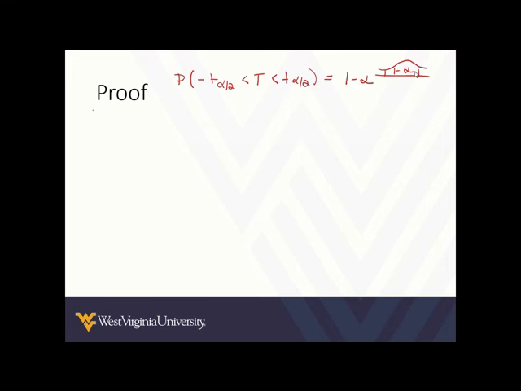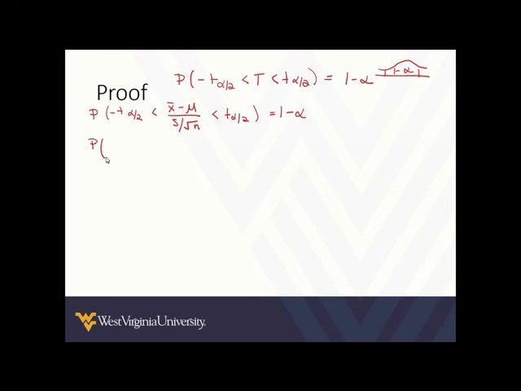If we substitute for our value of t, we have that the probability of negative t alpha over 2 is less than our sample mean minus mu over the sample standard deviation divided by the square root of n, which is less than t alpha over 2, which equals 1 minus alpha. At this point, we're going to solve that middle expression for mu, because we were trying to calculate a confidence interval for mu, so we want that mu to be in the center.